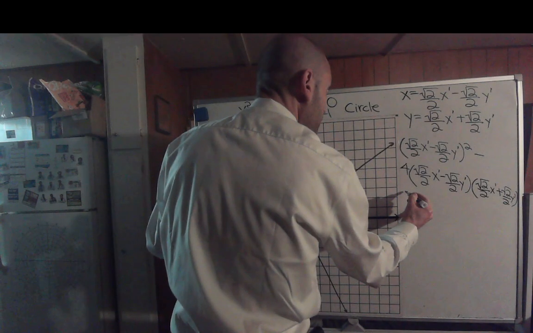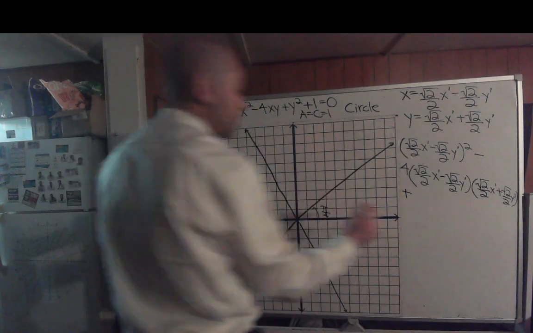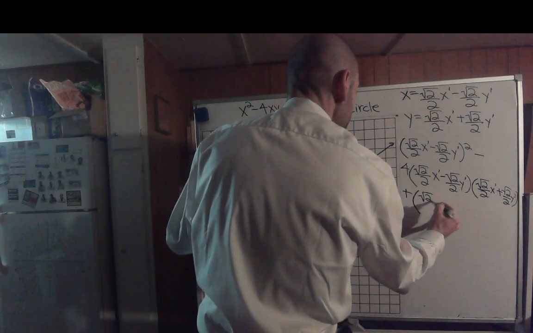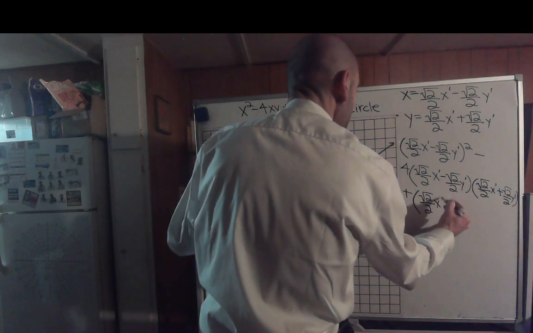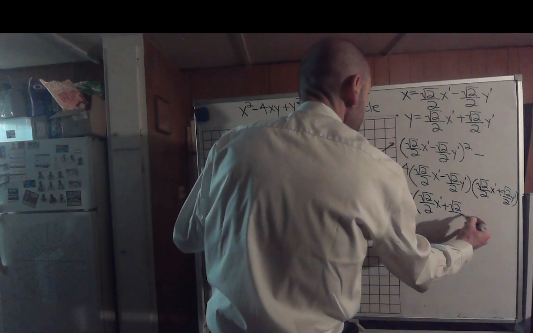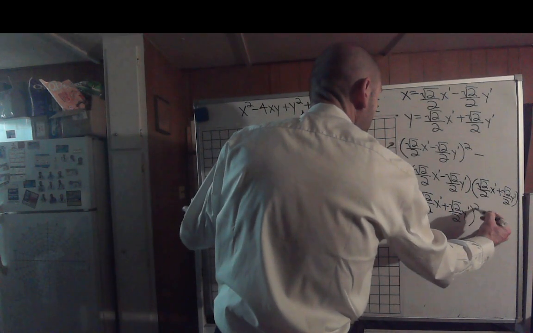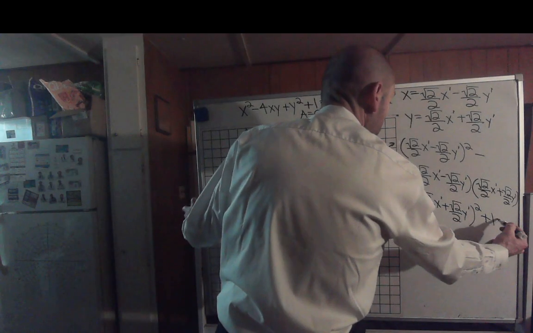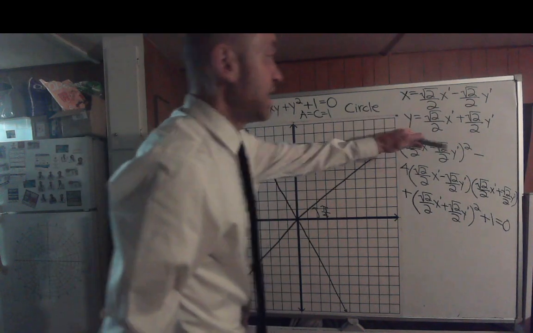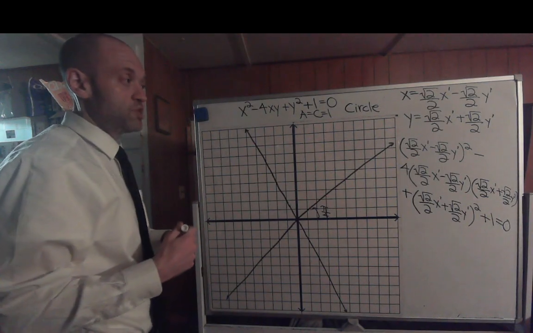So now we need to substitute this y value in for y squared, so that would end up being square root of 2 over 2 x prime plus square root of 2 over 2 y prime, squared, plus a 1, all that equals 0. So I took my respective values of x and y and simply substituted them into the original equation.